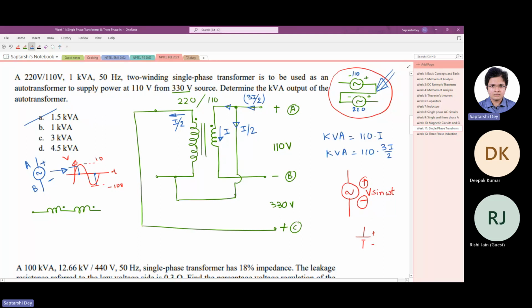Sir, when we connect a terminal to the primary source's last terminal, then how come 110 volt? No, no, Deepak, the top right corner diagram, can you understand?